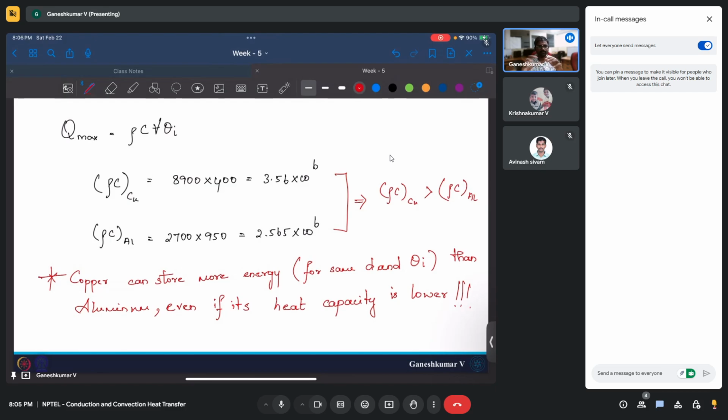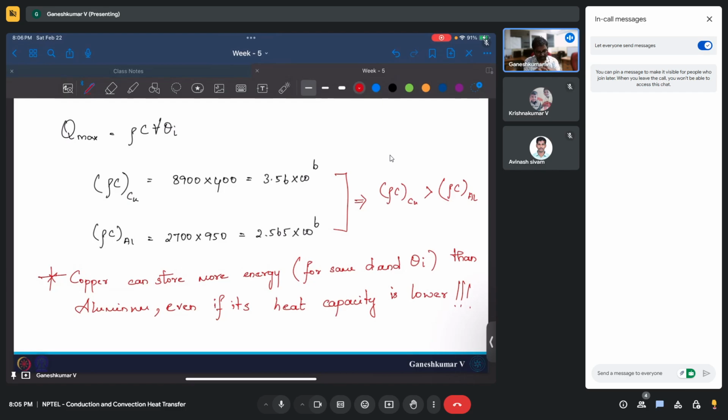Okay, which means let's say I have a cube containing aluminum, that will weigh less compared to a cube containing copper. So the amount of mass is more when you replace it with copper, and that is overpowering the Cp decrease.